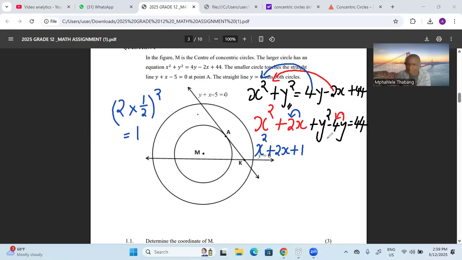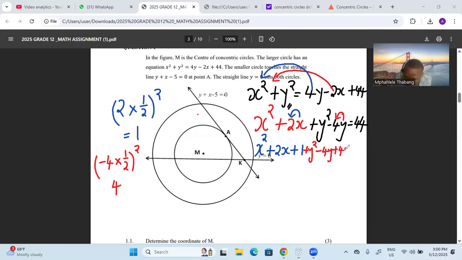I'm going to multiply it by half and then square it, the same thing I did to the coefficient of x. So minus 4 multiplied by half is negative 2. Negative 2 squared is 4. So now I'm going to have y squared minus 4y, and I'm going to add 4.